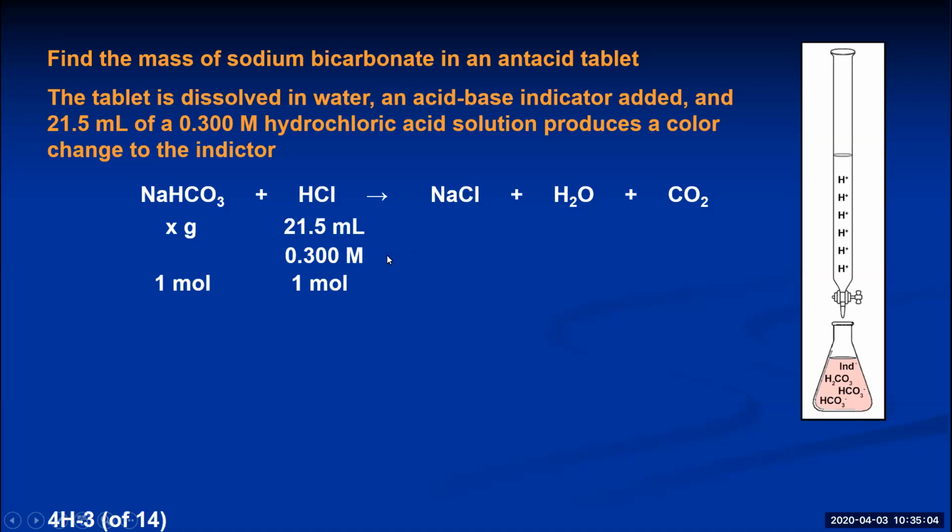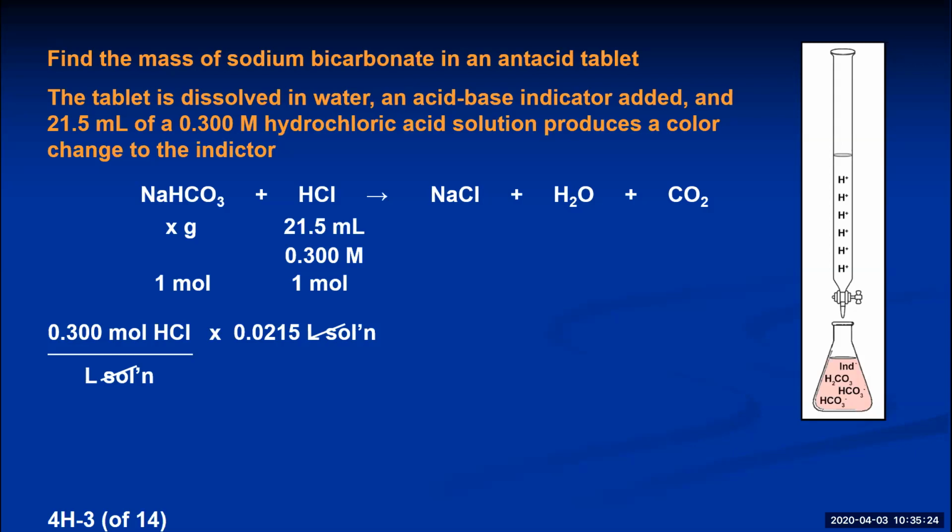We just multiply the molarity times the volume. So my first step in the calculation is going to be multiplying the 0.300 moles of HCl per liter by 0.0215 liters of solution. Liters of solution cancel out. I've now calculated my moles of one of the reactants.